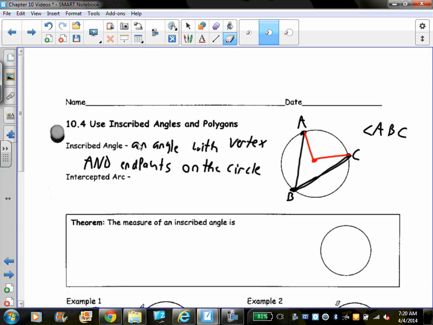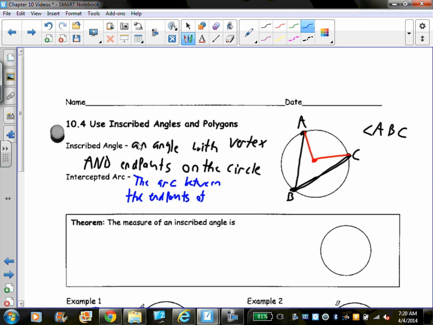And then we have the intercepted arc. And what an intercepted arc is, by definition, is the arc between the endpoints of an angle in a circle.